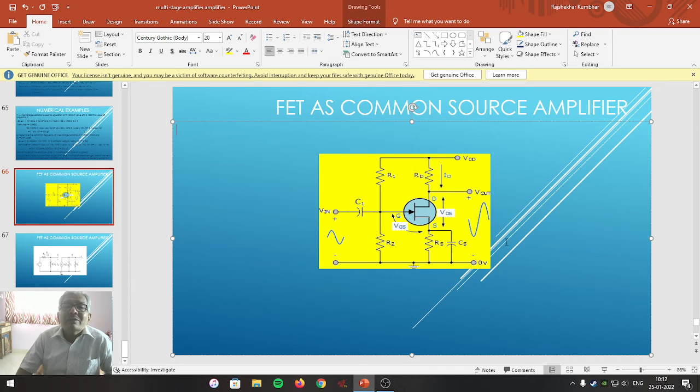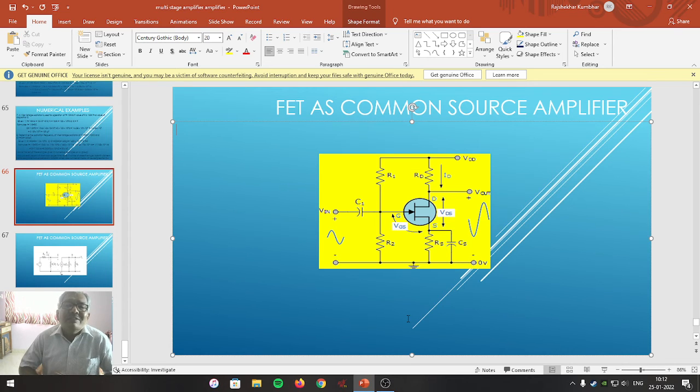Similarly, current gain AI is defined as the ratio of output current to input current, so that is Id upon Ig, or we can call it Io upon Ii. Similarly, power gain is the product of voltage gain and current gain.